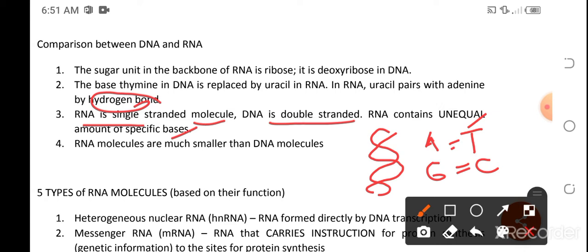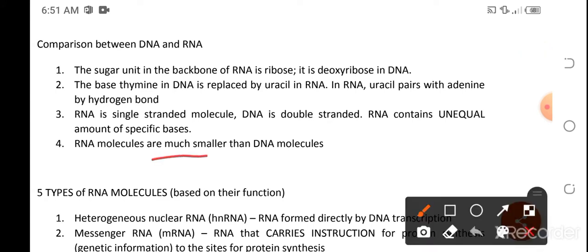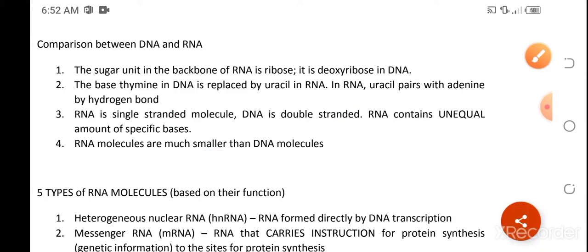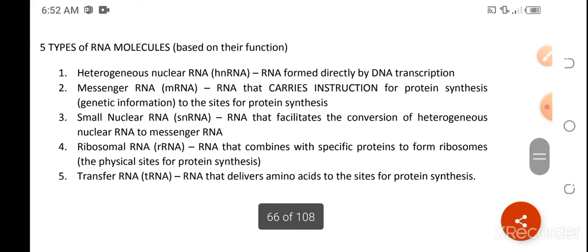Kasi nga, isang strand lang siya. Okay? And then we have RNA to be a much smaller molecule than DNA kasi single strand lang siya and DNA is a double-stranded molecule kaya mas maliit si RNA.